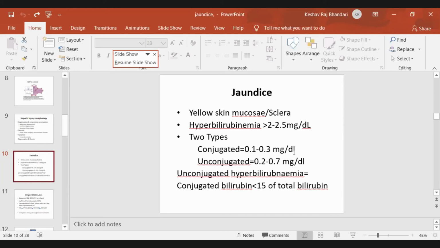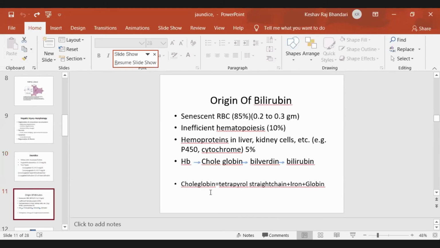There are two types of serum bilirubin, conjugated and unconjugated. These are also called direct and indirect, depending on the Van den Bergh reagent. The Van den Bergh reaction you will be taught in biochemistry. Unconjugated hyperbilirubinemia is when more than 75% is unconjugated, and conjugated hyperbilirubinemia is when conjugated bilirubin is more than 75%.